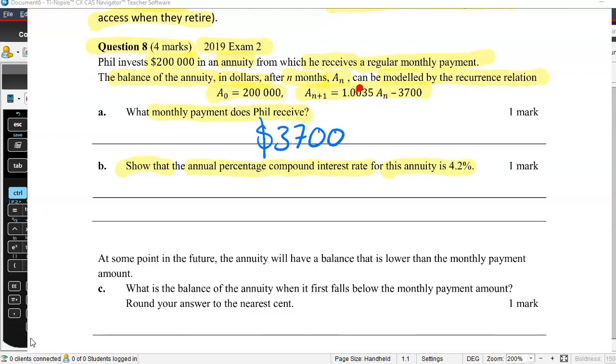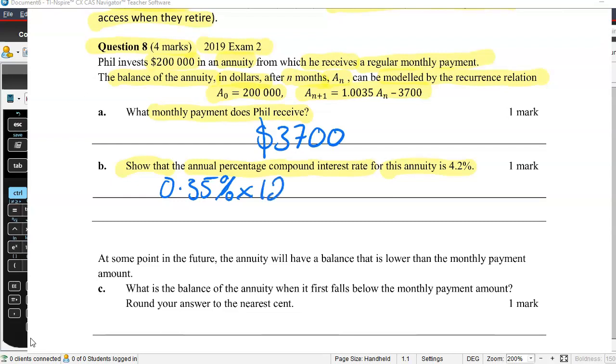So from our recurrence, we can see the monthly interest rate is 0.35% per month.